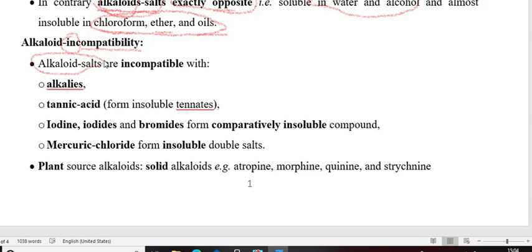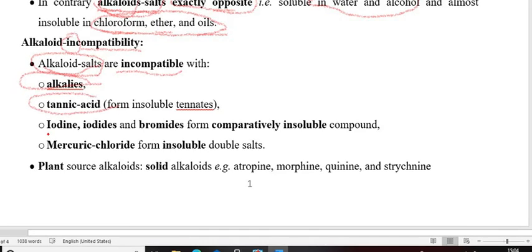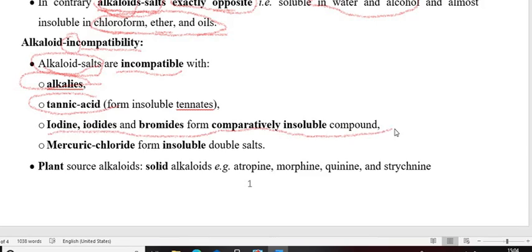Alkaloid salts are incompatible with alkalis, with tannic acid, and with elements like iodine, iodides, and bromides. They are comparatively insoluble. As well, with mercuric chloride it forms an insoluble compound.